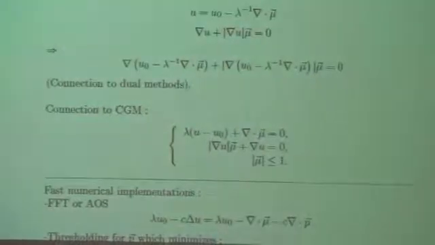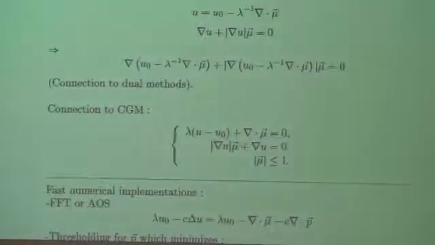Also, I think last Thursday, you were talking about using this for compressive sensing. In the case of compressive sensing, I think the relationship between Augmented Lagrangian and the Split-Bregman was mentioned in the paper by Yin and two other people.